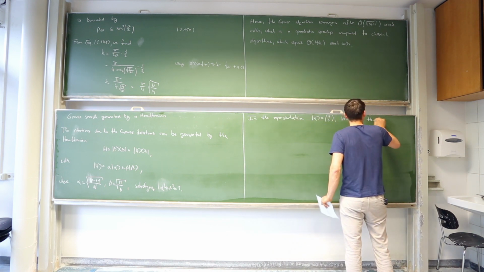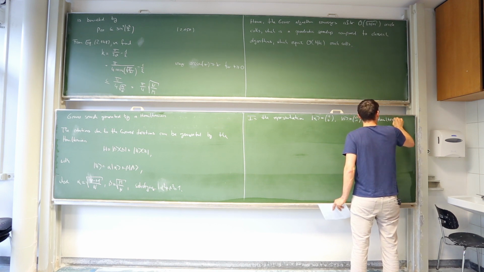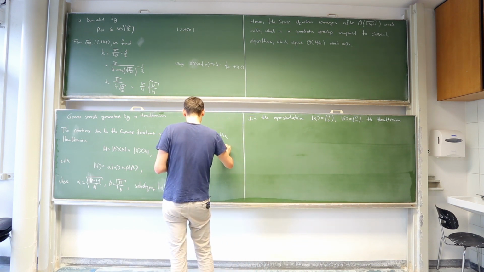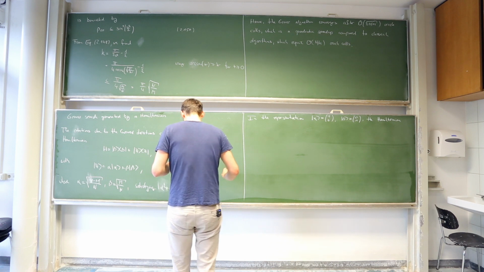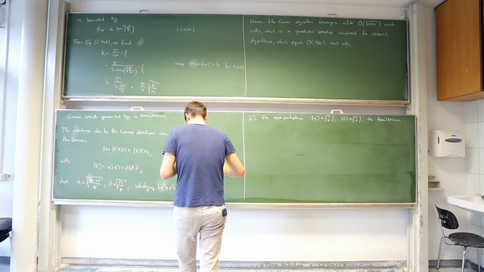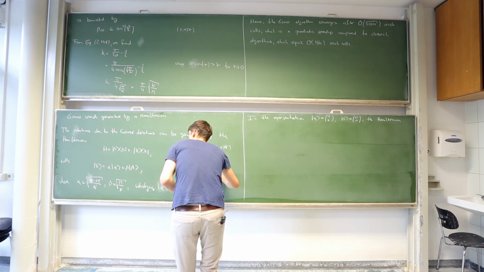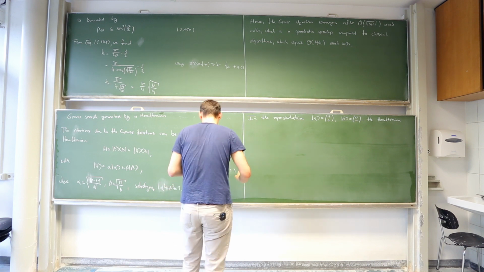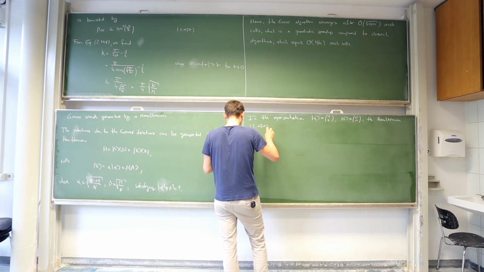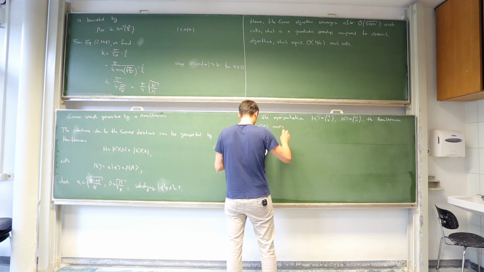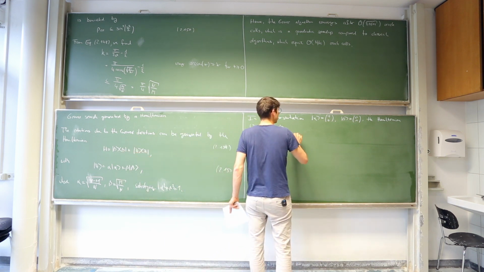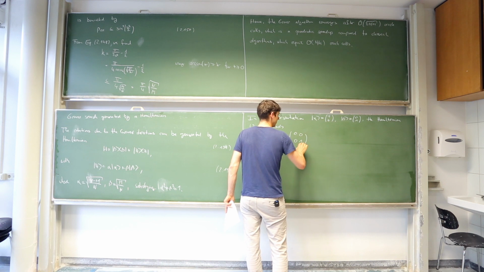The Hamiltonian 2.151 reads: first we write this beta times beta in this representation, which is simply this matrix.